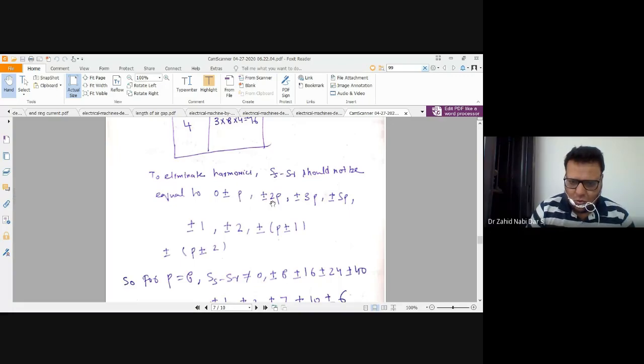Plus minus 2 into 8 would give you 16. Plus minus 3 into 8 would give you 24. Similarly, plus minus 5 into 8 will give you 40.